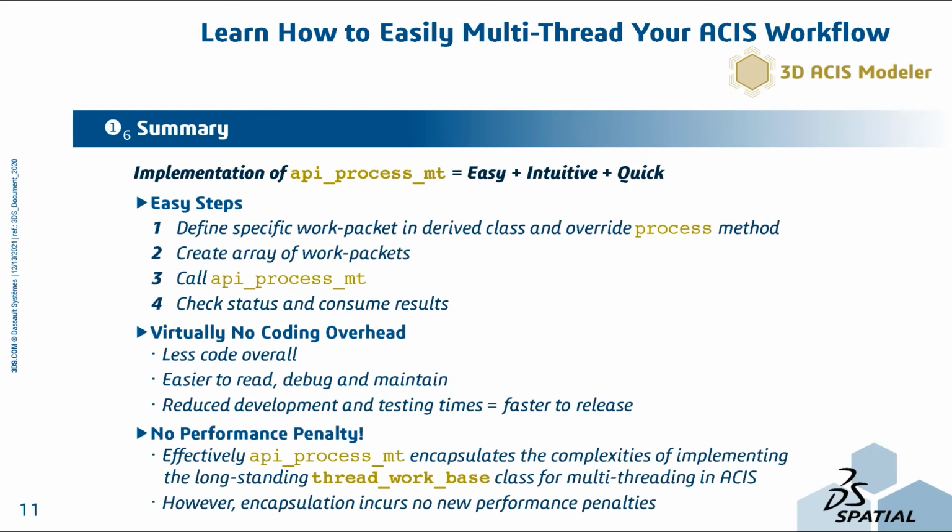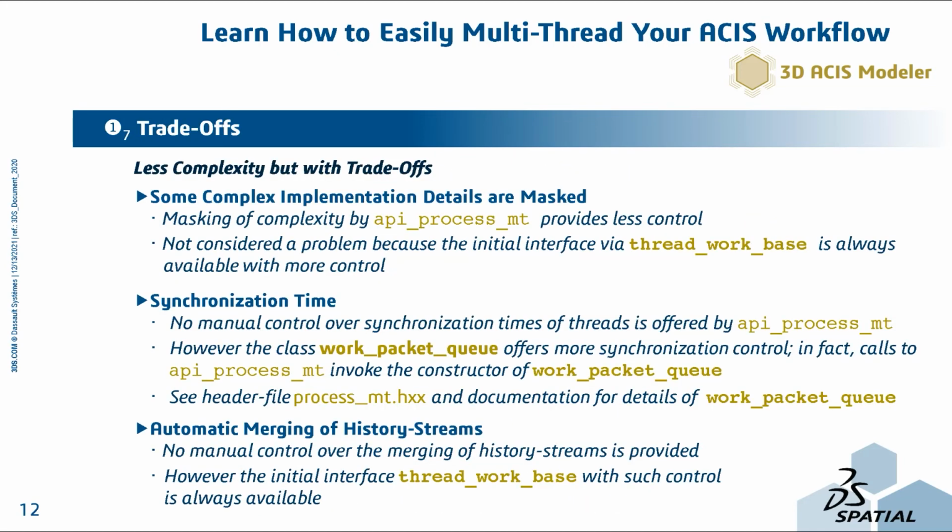Furthermore, no performance penalty is incurred vis-a-vis the long-standing interface with Thread Work Base. In effect, the new interface with API Process MT encapsulates the complexities of Thread Work Base, but with no additional performance cost. Although the new interface for multi-threading certainly entails less complexity, there are some limitations.